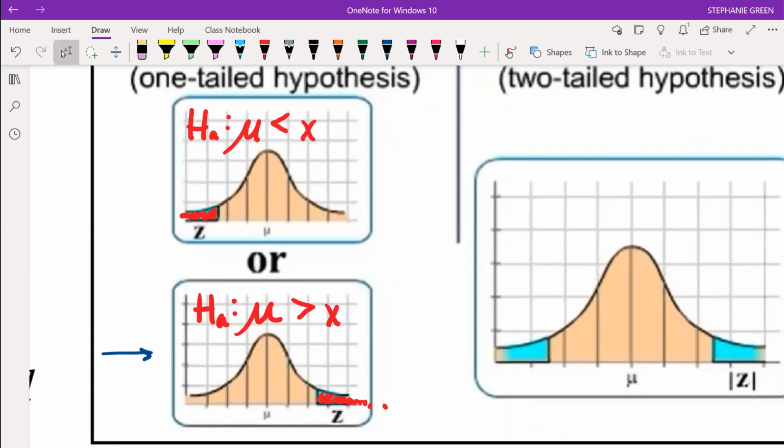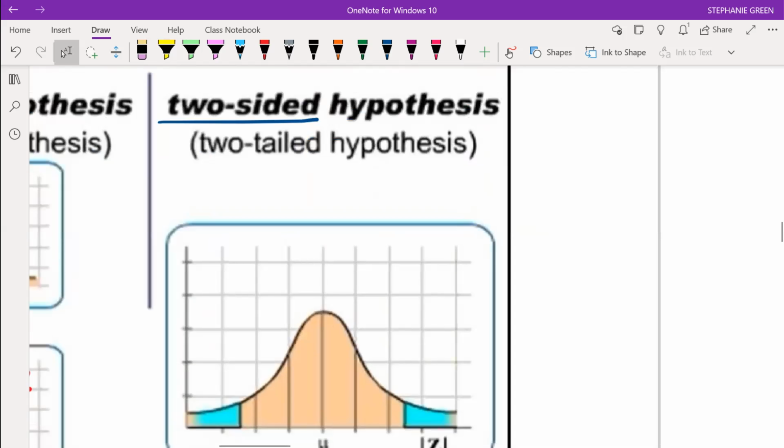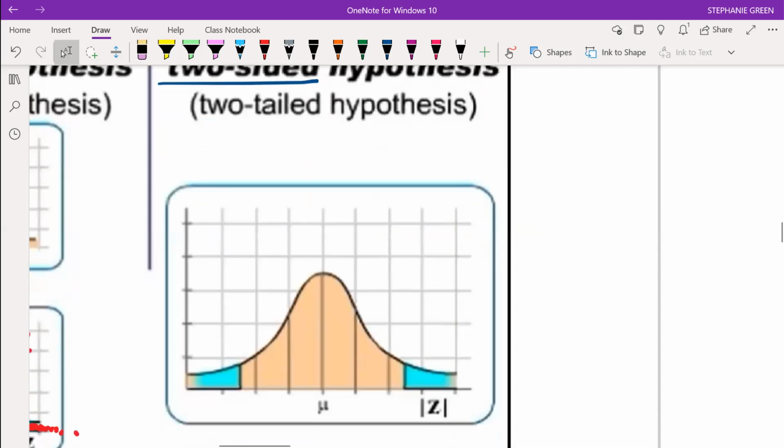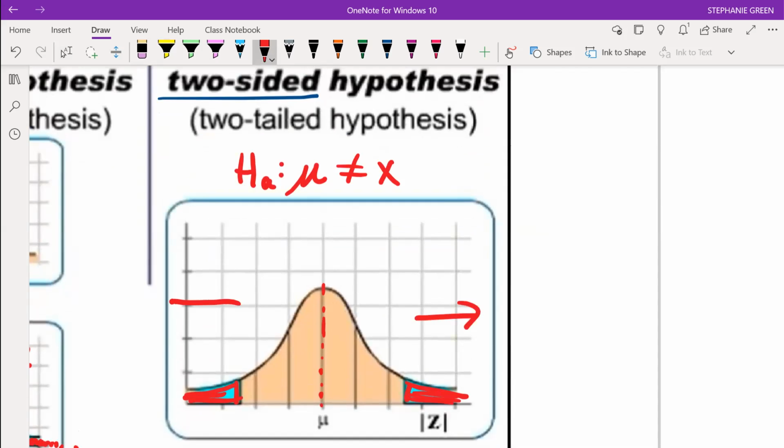Okay, and then we have our two-sided hypothesis. We'll see this in a bit after we get through these first few examples. With a two-tailed hypothesis, you can see we're looking at either end being far away from our mean. Here our alternative hypothesis is that the mean is not equal to the population parameter, meaning we're not saying it's strictly greater than or strictly less than.